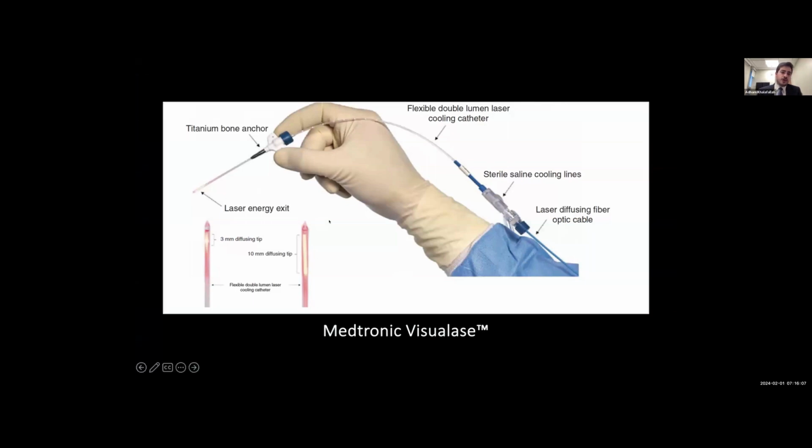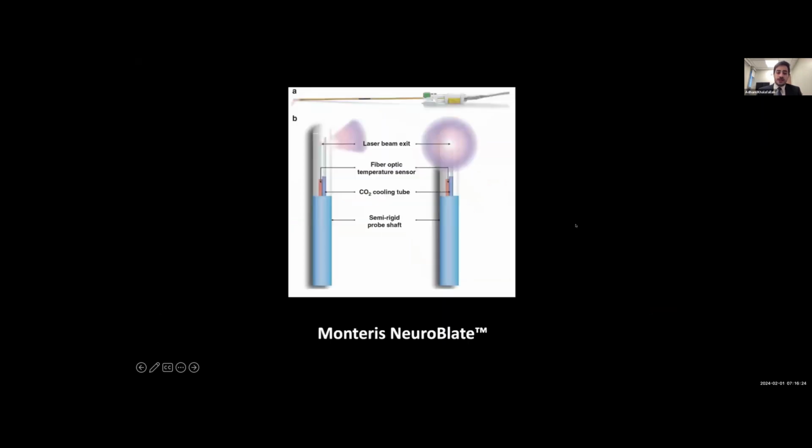And you can see here, this is the laser exit, and it has either a 3mm diffusing tip or a 10mm diffusing tip. And this is the bone anchor that we're going to be using. And you can see here the laser cooling catheter and the saline that's going into the cooling catheter. And this is the Monteris NeuroAblate.